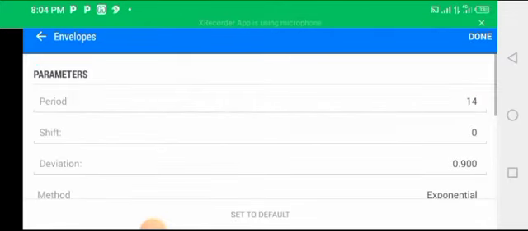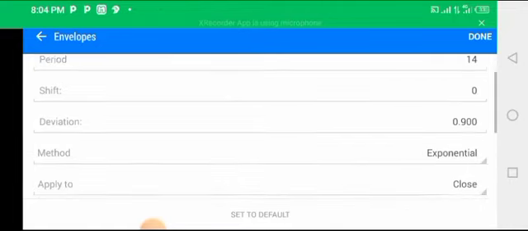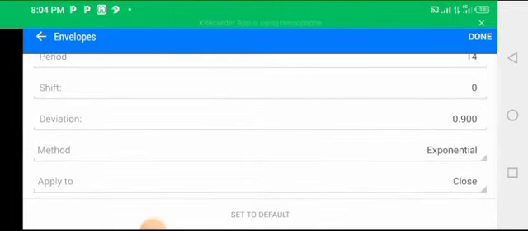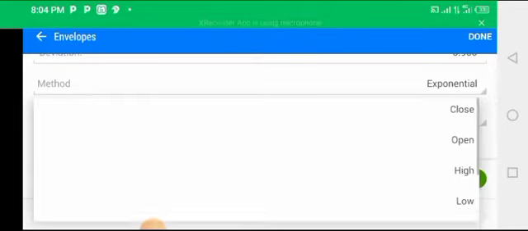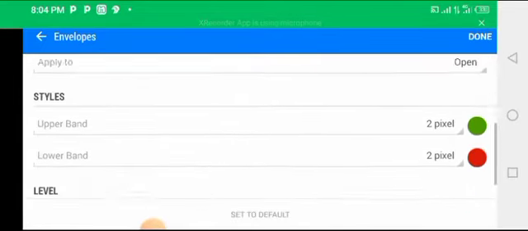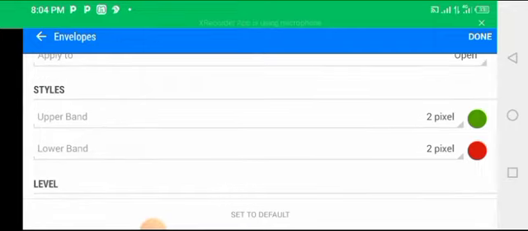On your envelopes, the period is 14, shift 0, deviation 0.9, method exponential, apply to open, style upper band 2 pixel green. You can use any color you like, but I love green and blue because they come out more bold and I can see them clearly, unlike other colors that are faint.